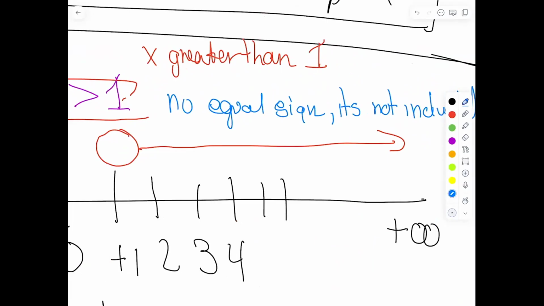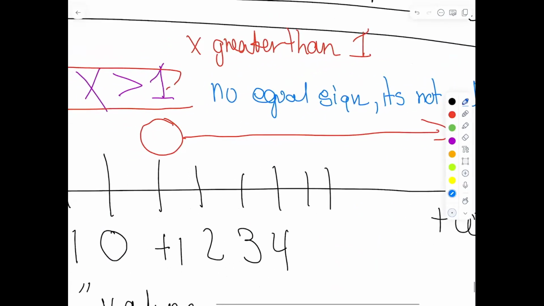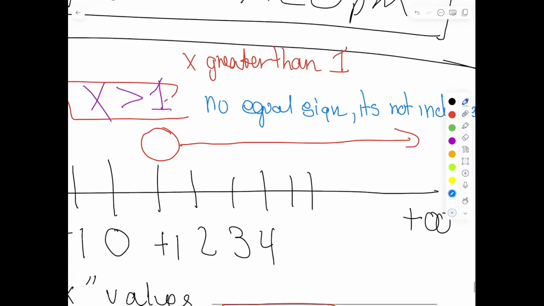To the right. So that means that in this problem, all values of x that are greater than 1 are a solution. But 1 is not a solution, but 1 exists. It's the chair. But I'm not sitting on it, so it's not part of my solution.